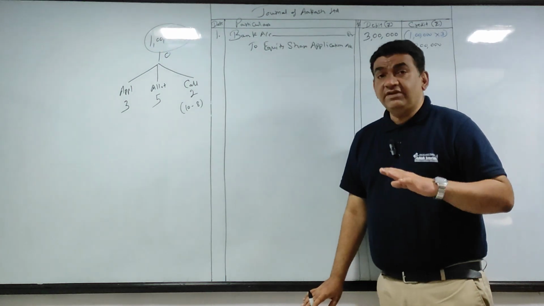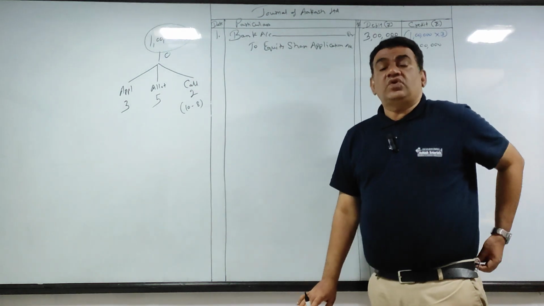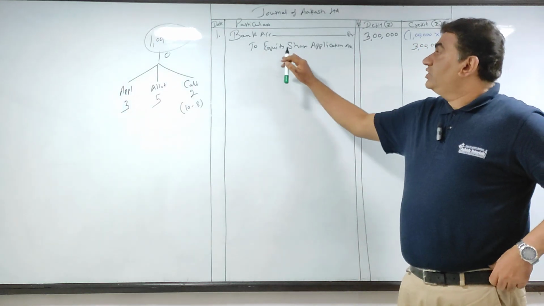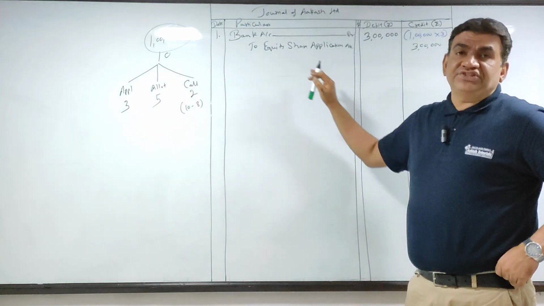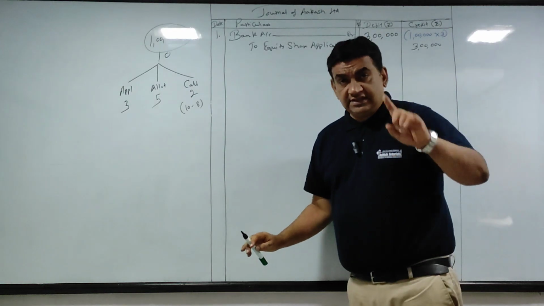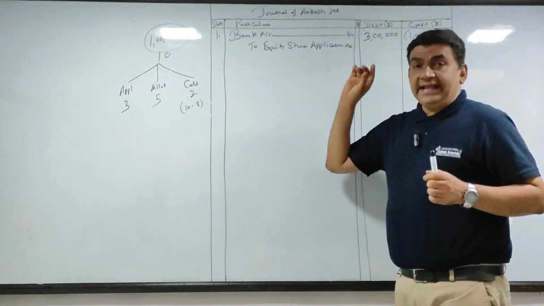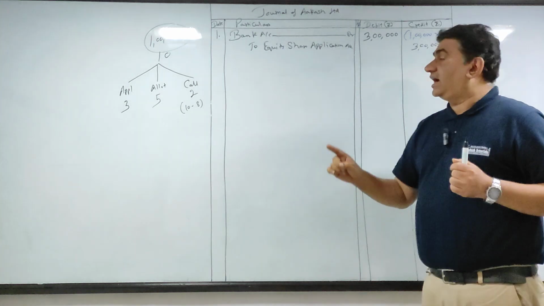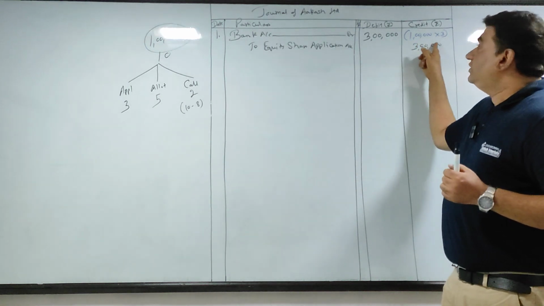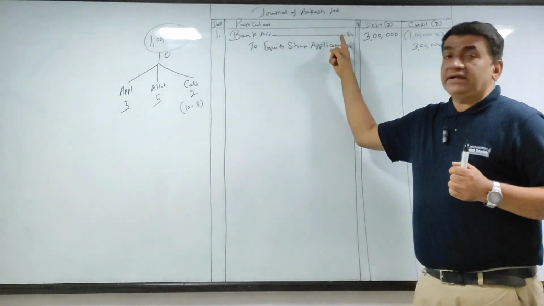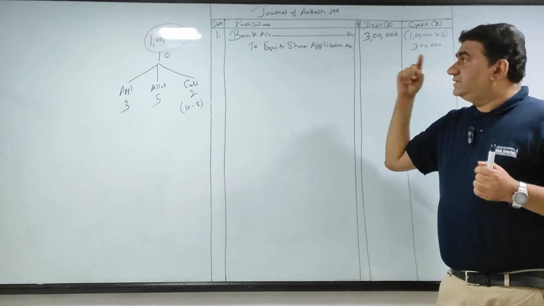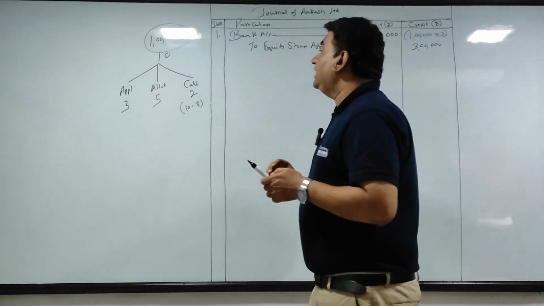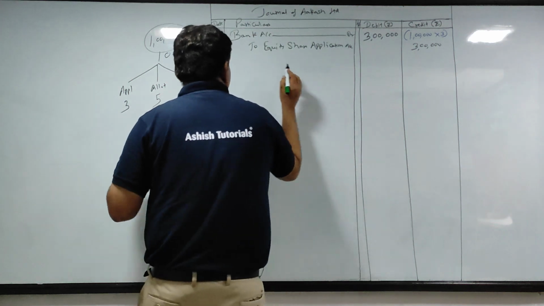So when they give you only shares, it is always assumed to be equity shares. Some people also write share application instead of equity share application, but I prefer writing this. So I'll repeat: on 1,00,000 shares, an application of 3 rupees per share is coming in. 1 lakh into 3, I will debit bank account, money is coming in, and this is received towards application money. So I credit equity share application.